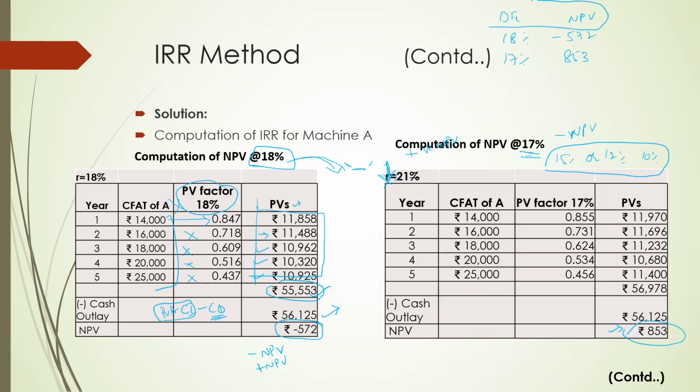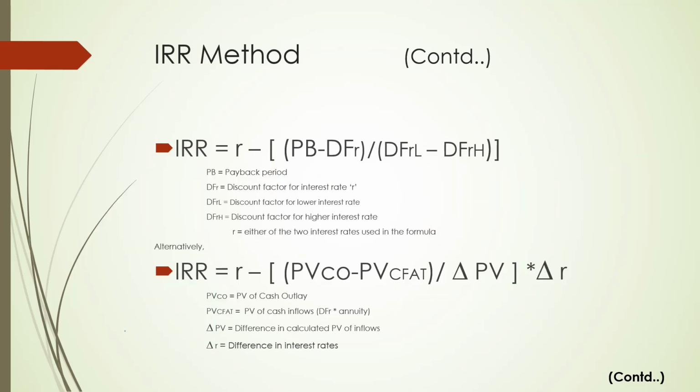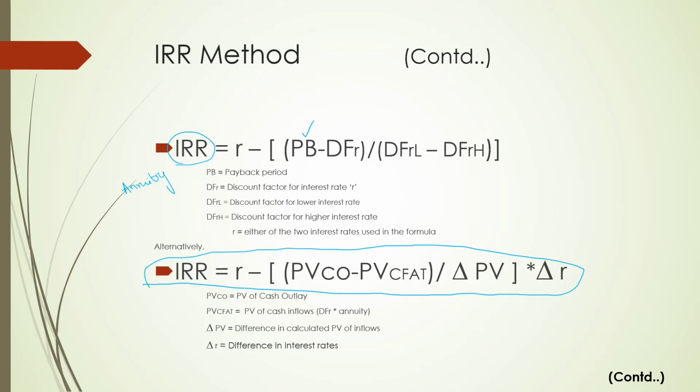Now, we are applying the formula by using these values, right? If you recollect the formulae we discussed earlier, out of them we have to use one. This is another formula we discussed. If it is an annuity, then better use the other formula.